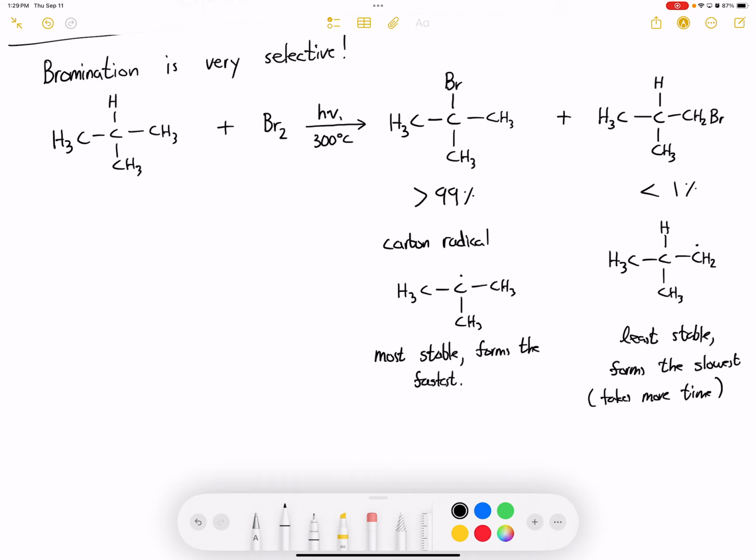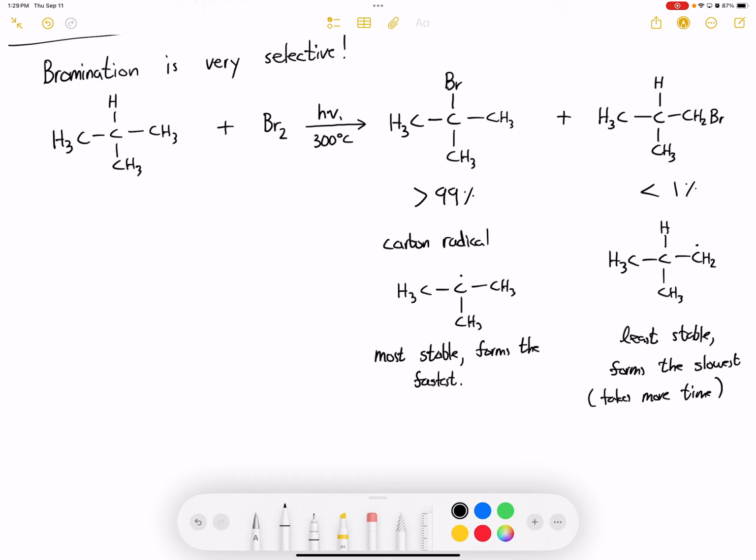So in the case for fluorine, though, with these radicals, it didn't matter which one formed because fluorine was so reactive that it will just abstract any hydrogen it can see. Okay, so that's the major difference. Fluorine's too reactive. Bromine is less reactive, so it will only react with the radical that can form the fastest. So the reactions are controlled by two different things, right?